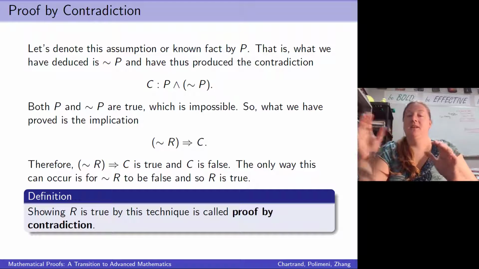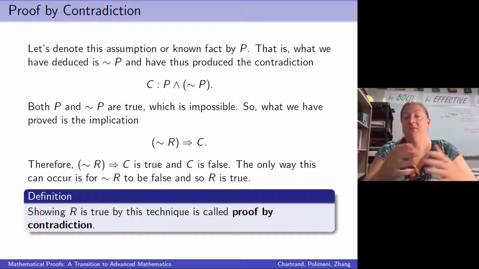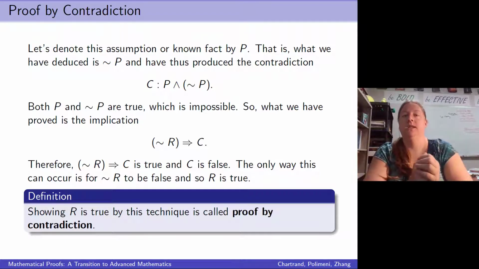So since P and not P can't possibly be a true statement, then when we assumed R was false, not R implies a contradiction. So now we have this new implication. We know that the contradiction is false. So we have not R implies something that is false, and we know that that's true because we worked through stuff and showed that it was in fact true.